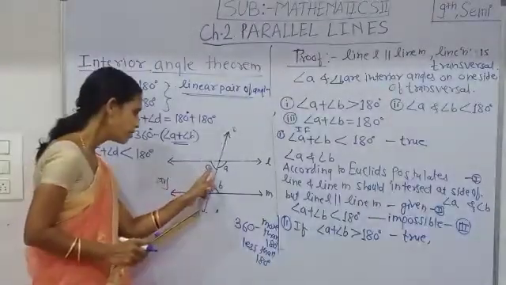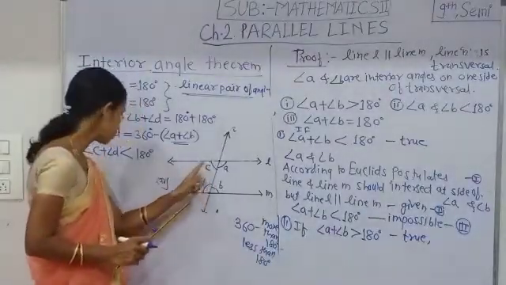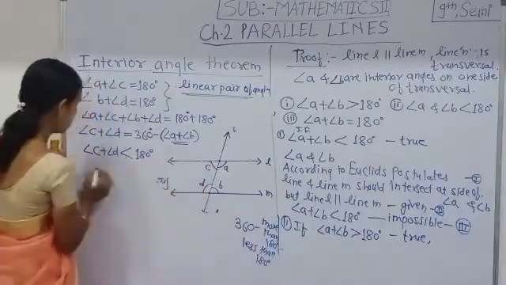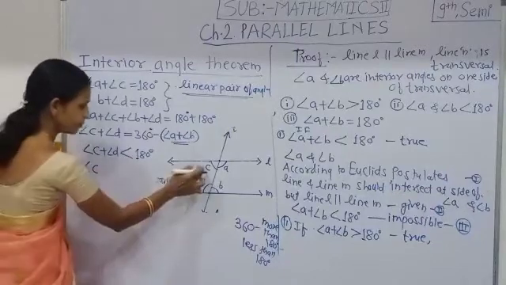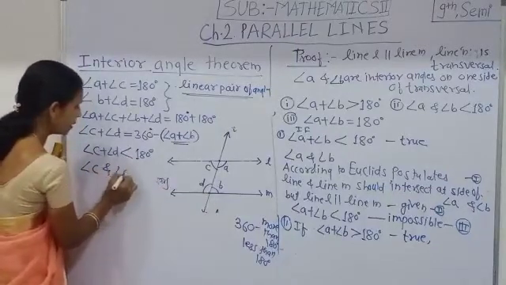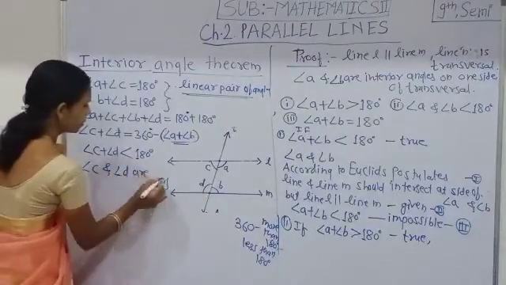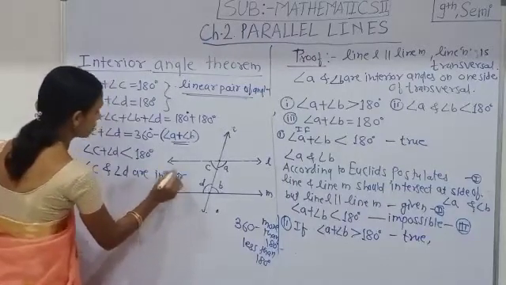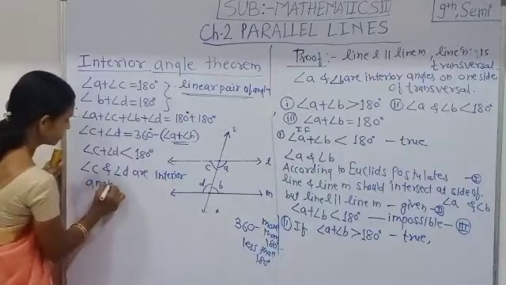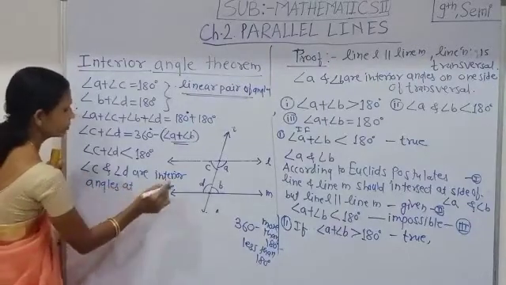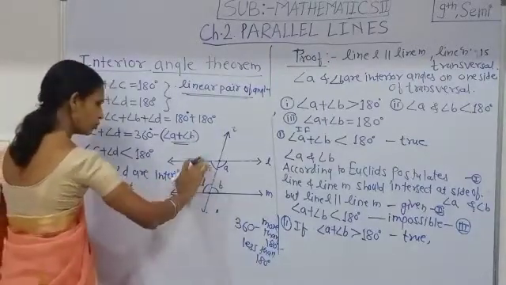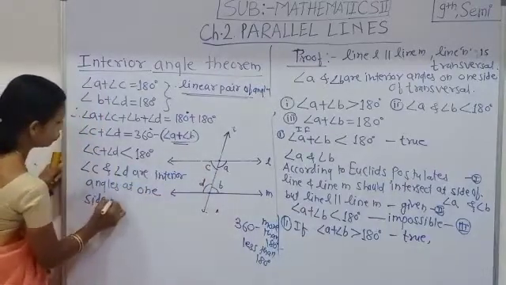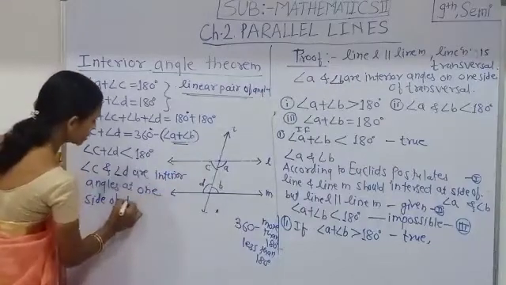Then the sum of angle C and angle D is less than 180. Then angle C and angle D are interior angles on one side, the left side, of that transversal.